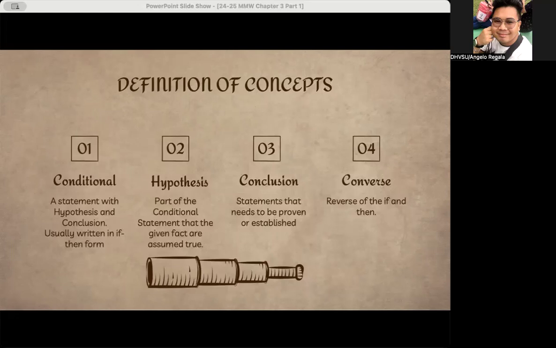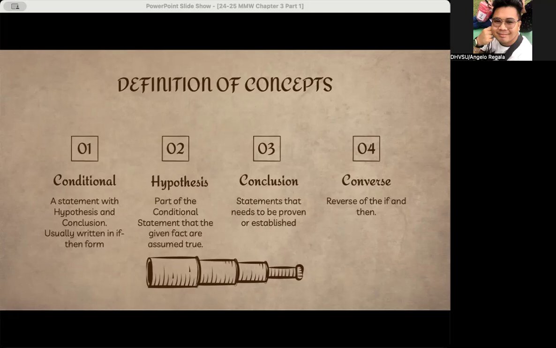If the words if and then are part of that particular sentence or statement, we call it a conditional. Now, the if part is what we call the hypothesis. Okay, so it can be true or false.